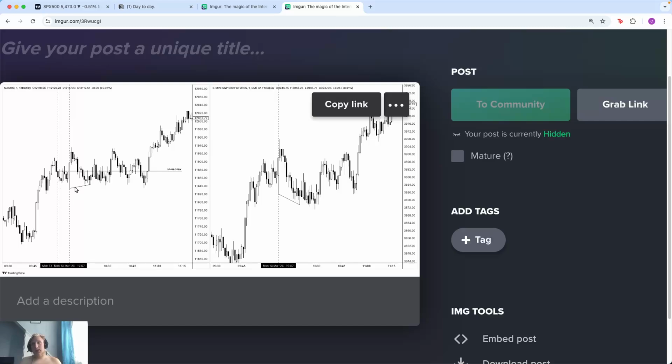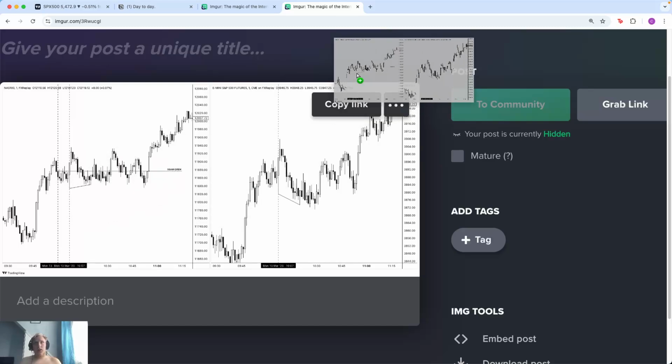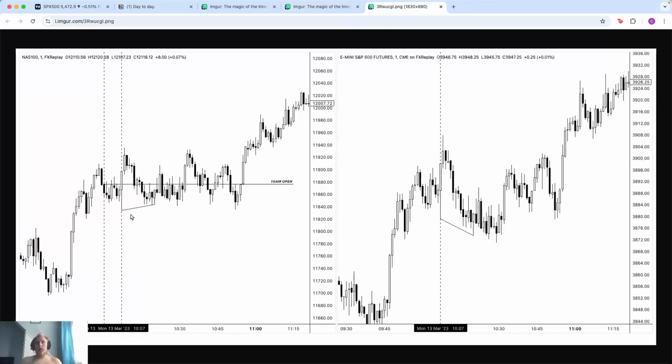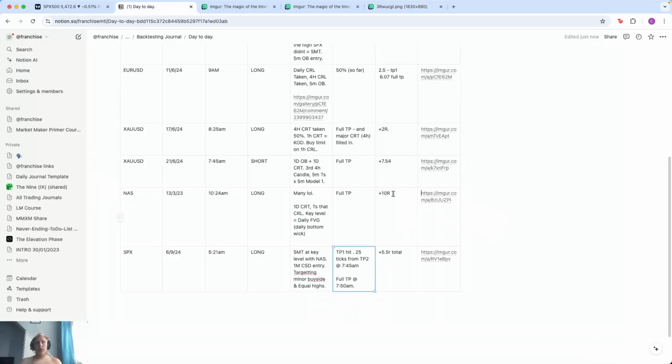After we got the SMT, this is where my stop was. Okay, cool, that's better. This is where my stop was, below this low. Notice how it comes close, because it wicks at imbalances, wicks at fair value gaps, but it does not come to that low.